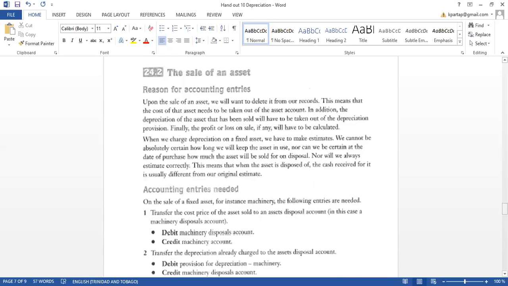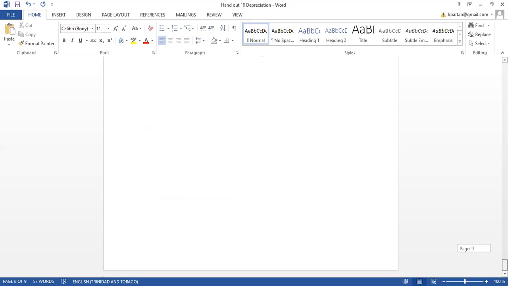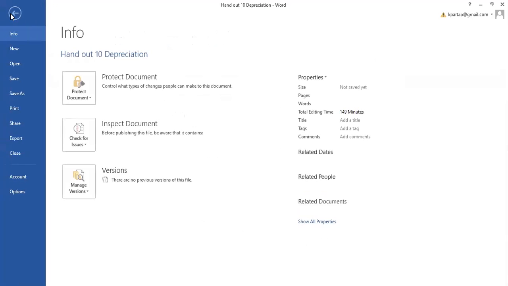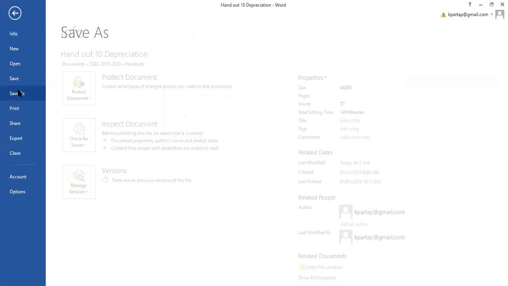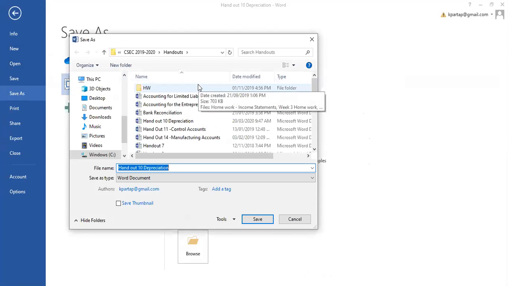Right, they mixed up the numbers there. Everything else should be okay here. All right. So this will just cover this small topic. In case it might come up in some form or fashion, we need to be aware of how you actually do your entries.